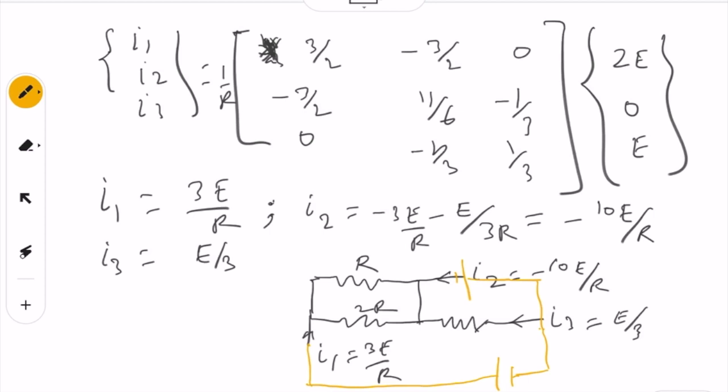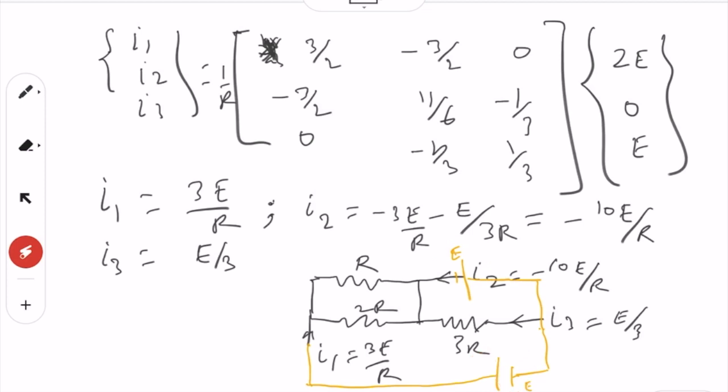So let's write E and E here. So we can find out which are the currents flowing through this one. The questions are, what is the current flowing through R and 2R and 3R. So this is 3R, and the upper cell and the lower cell.